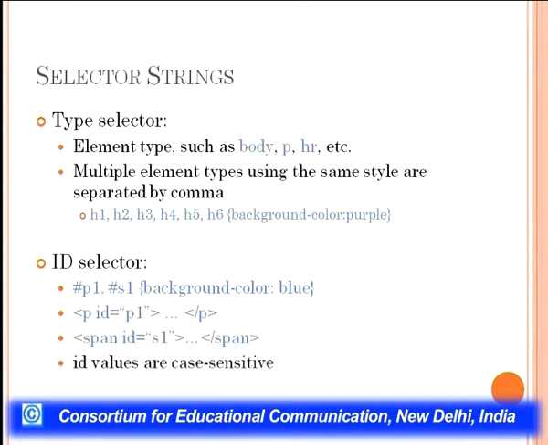Then you can also select an ID for the attributes. So ID can be given by giving a hash, and then you can write P1 or S1. These are simple names that you are creating, and then you can specify these for a specific tag. So you can write P ID is equal to P1 or span ID is equal to S1, and you can close the corresponding tag.